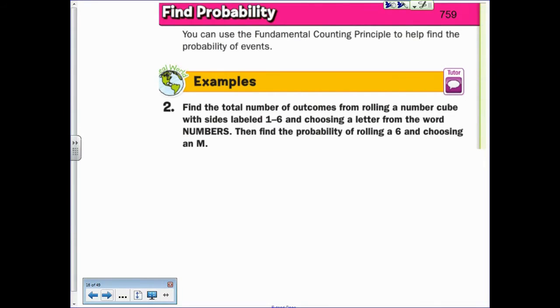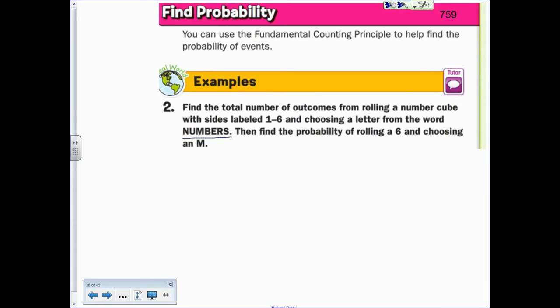Find probability. You can use the fundamental counting principle to help find probability of events. Example 2. Find the total number of outcomes from rolling a number cube with sides labeled 1 through 6 and choosing a letter from the word numbers.